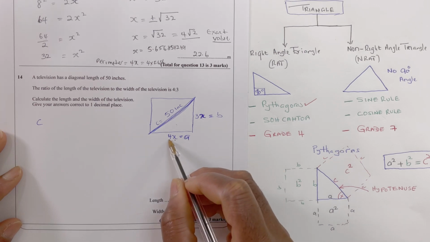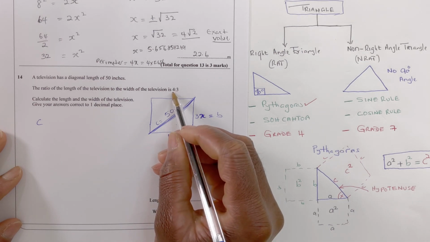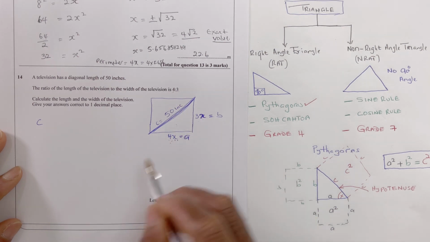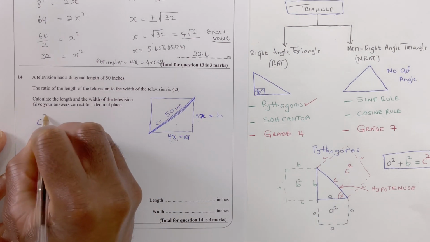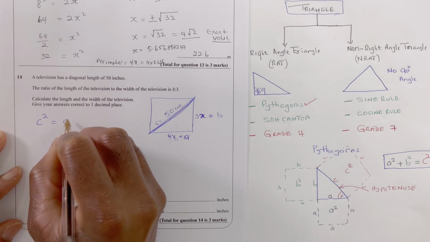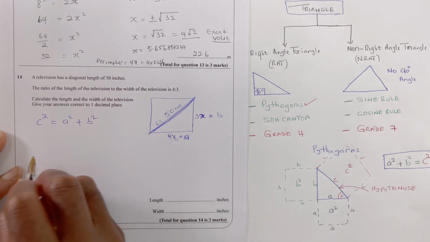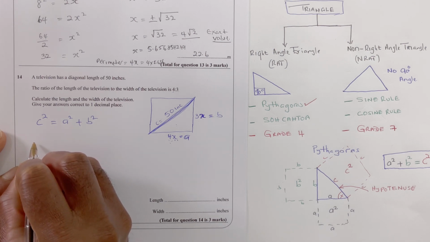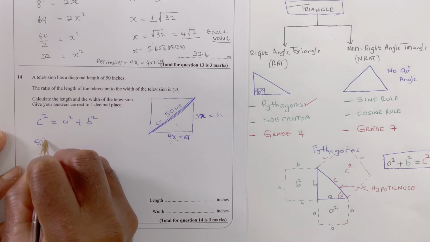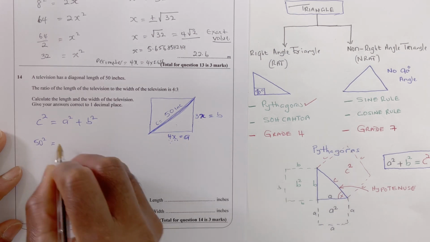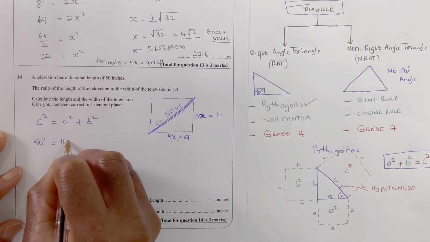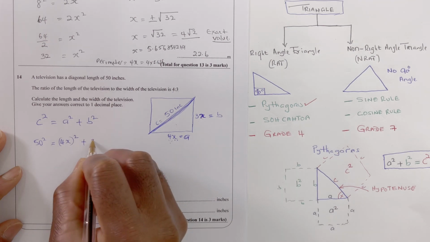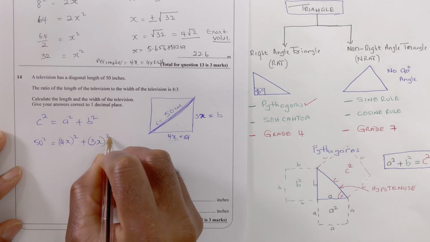The way I got the 4x is because I just place x there and x there. So that'll be 4x, 4x, 4x, 3x. So c squared equals a squared plus b squared. And what I can do now is to say, well, 50 squared equals, what's a? That'll be 4x squared. What's b? 3x squared.